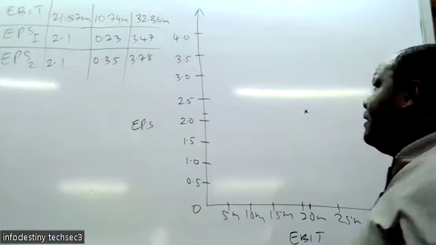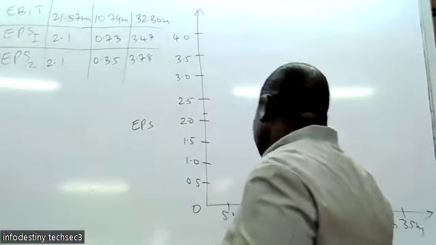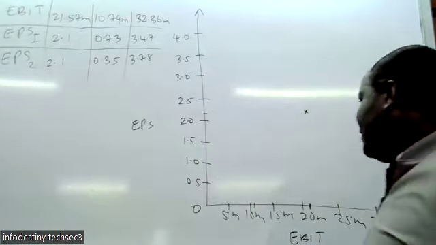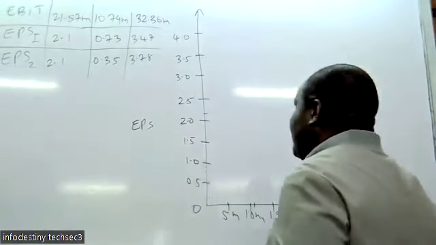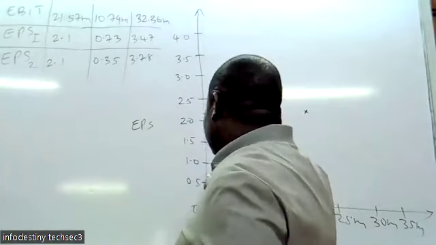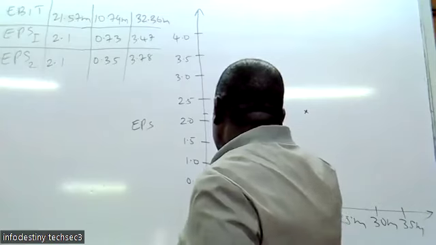So when it is 10, 10 is somewhere here, 10.7 is somewhere there. Then earnings per share is 0.73. So 0.5 is there, 0.7 should be somewhere there, so you identify that point.